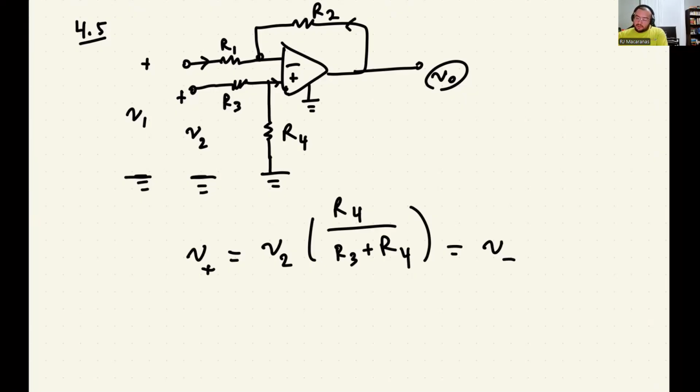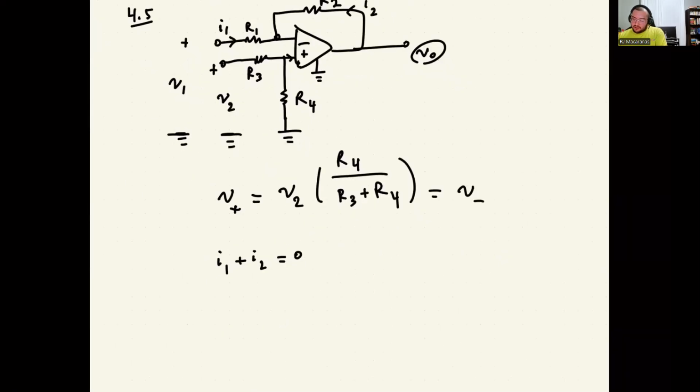So if I call this I1 and I call this I2, then the way I've written it here is I1 plus I2 is equal to 0. And the way I've drawn this, I1 is going to be V1 minus V minus over R1.